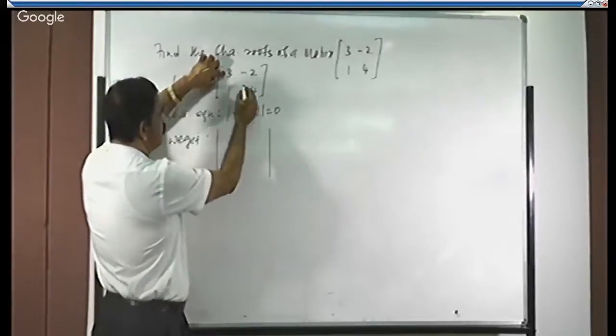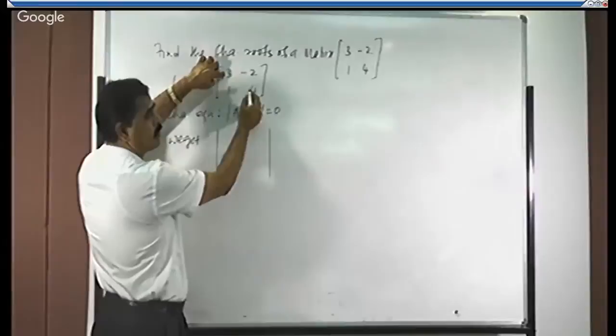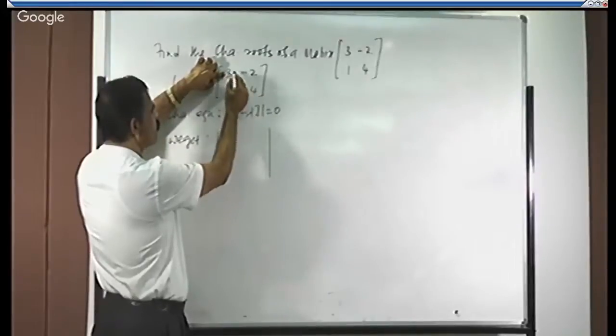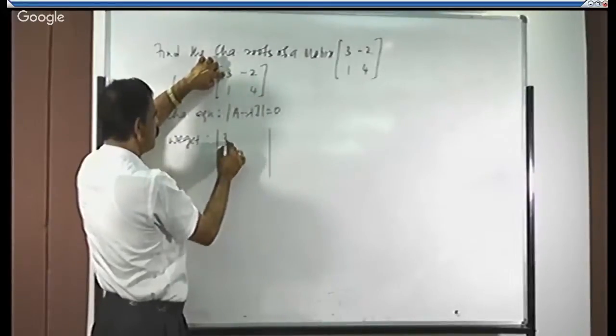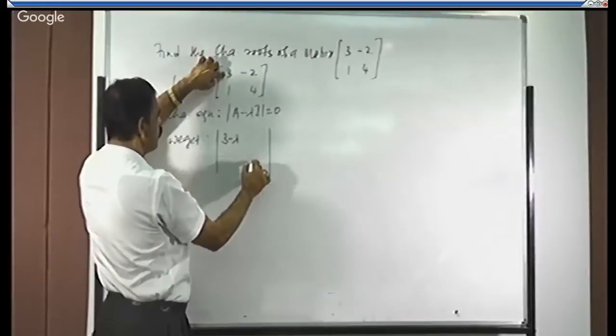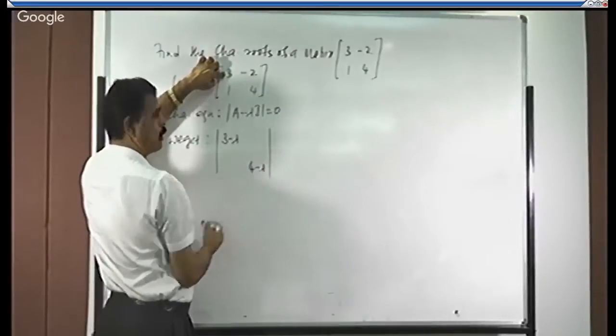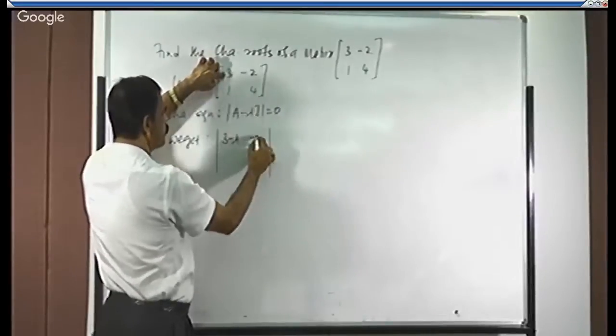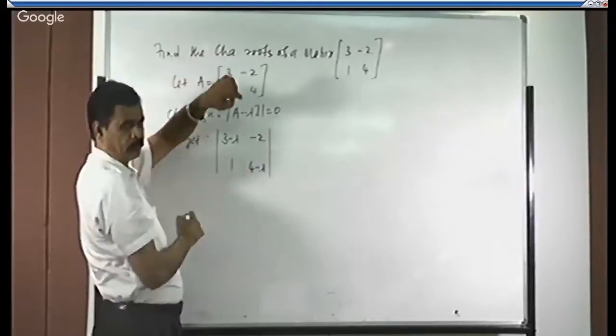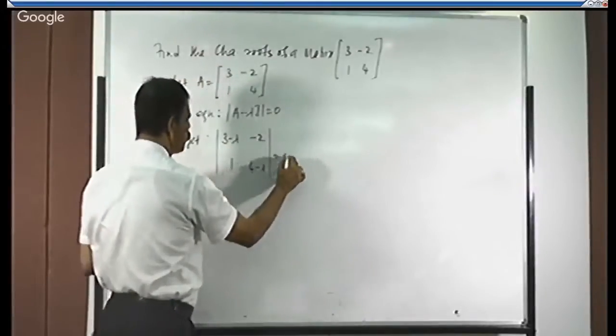Take the principal diagonal elements. Put minus lambda to those. That is 3 minus lambda, 4 minus lambda. The other elements should be taken as they are, -2 and 1. It is equal to 0.